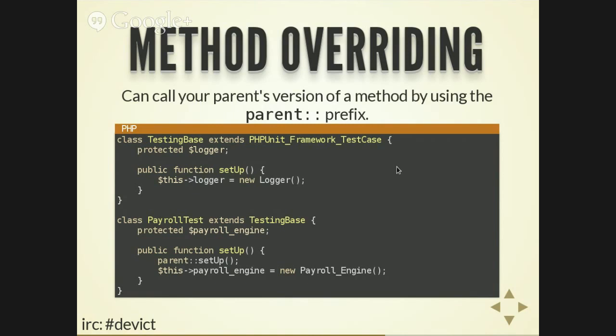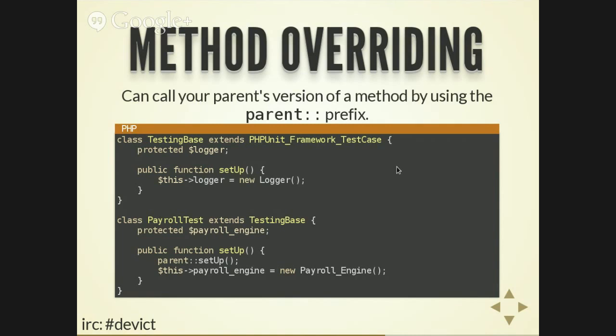If it's appropriate, you can also call the parent class. Now, remember, the hierarchy can be as tall as you want. If it's really long, that might be a sign that you're doing something wrong. But if I had like 20 classes in a row that extended each other in a tall line, and each one of them defined a method called setup, and each one of them called parent::setup, if you instantiated the one at the very bottom of the chain, it would go all the way up, as far up as you go.